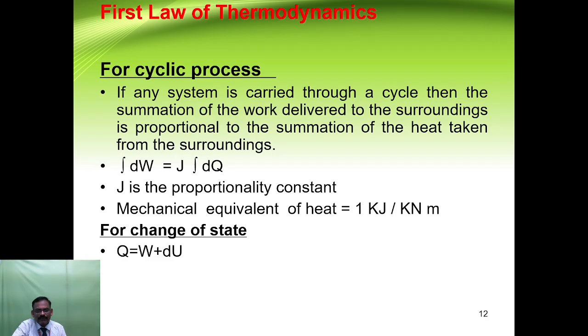Some energy will be stored or accumulated within the system. This is called the first law of thermodynamics for the change of state case. So the first law mainly focuses on two cases, one for change of state and another for cyclic process, but both are related to work and heat transfer.